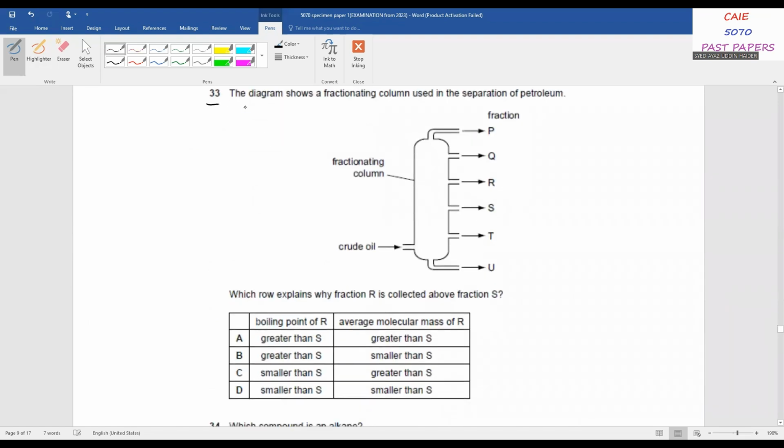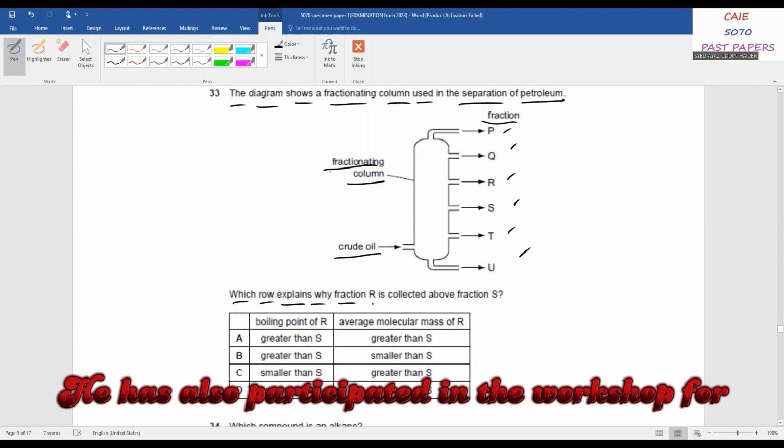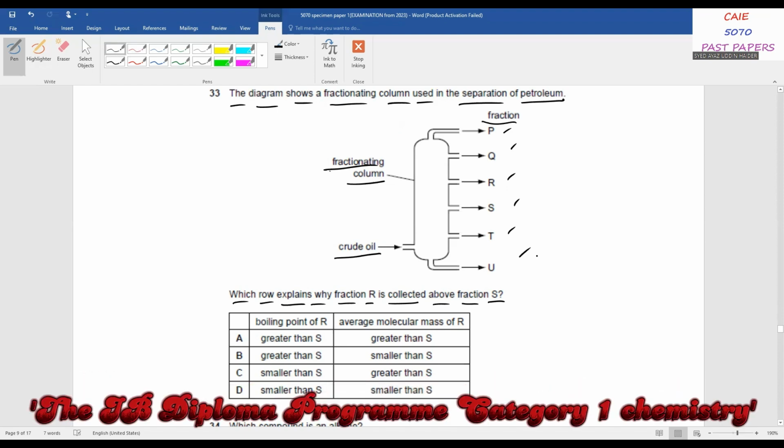33. The diagram shows a fractionating column used in the separation of petroleum. So you have fractions P, Q, R, S, T, U. This is a fractionating column, and you have crude oil introduced from here. Which row explains why fraction R is collected above fraction S? Remember, R must have a low boiling point, and it must be a lower fraction having a low carbon chain.